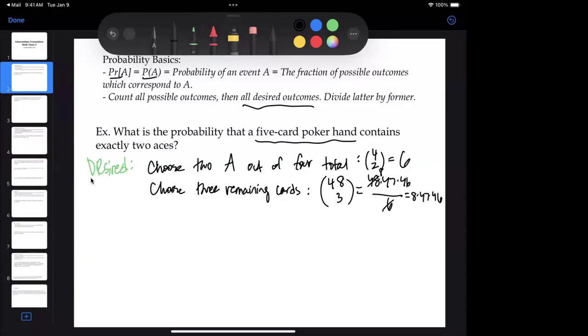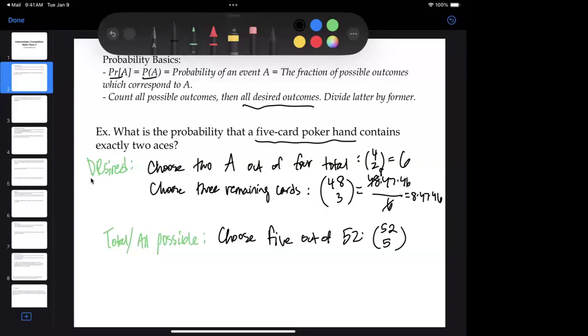Then the total number of possible hands is found by choosing 5 cards out of the deck of 52. So let's do total. We don't have to calculate this all out, because it's going to be a super long computational problem.